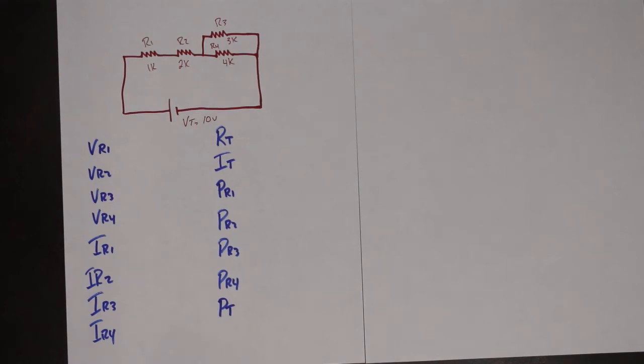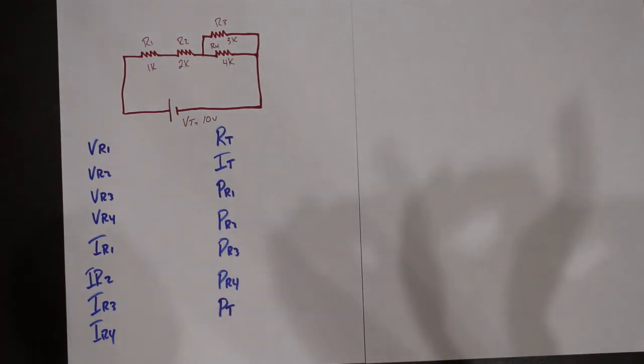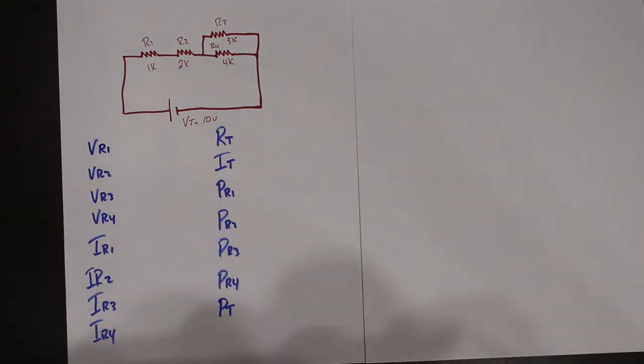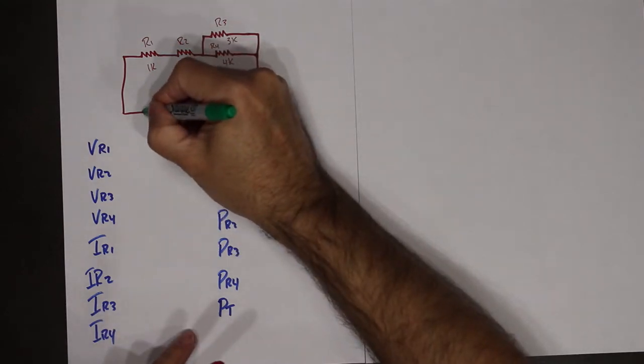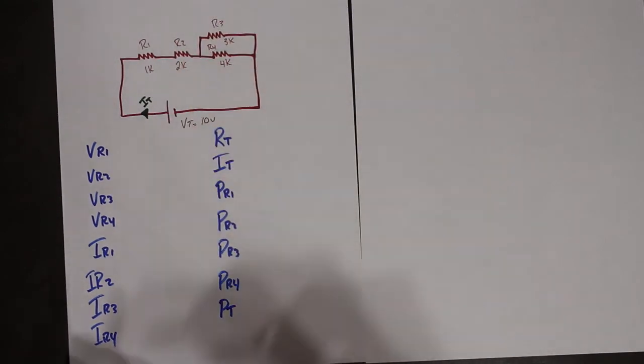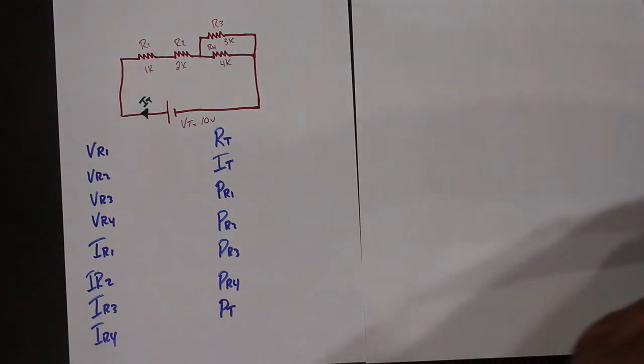From our previous lessons, you should be able to identify that this is a series parallel combination circuit. The question becomes, does this simplify to series or does this simplify to parallel? In order to do that, we need to identify where I total is, and we have to ask our questions.